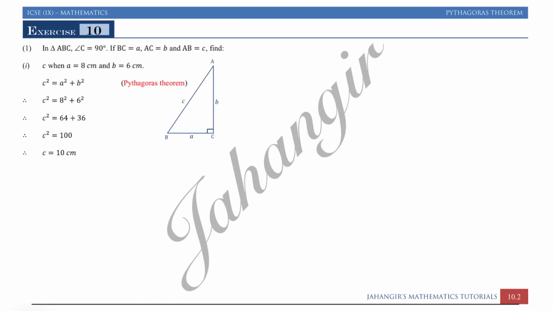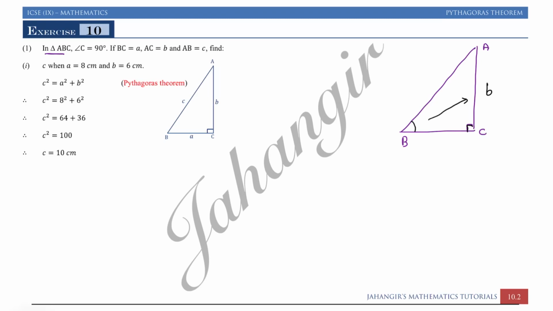So first question: in triangle ABC angle C is 90 degree. See, if I am drawing a triangle in which angle C is 90, so C is written always over here. A and B can be written anywhere. So now how to name the sides? See, opposite angle B we will have side b.